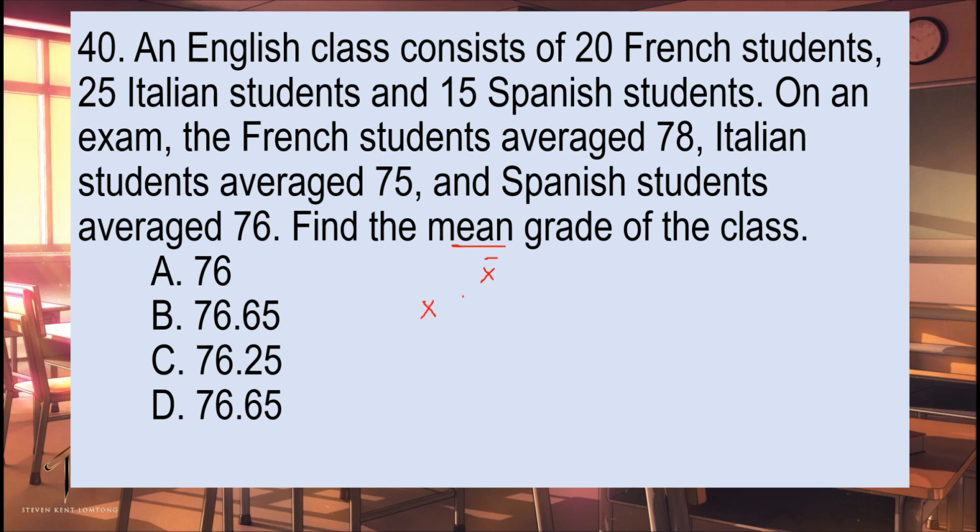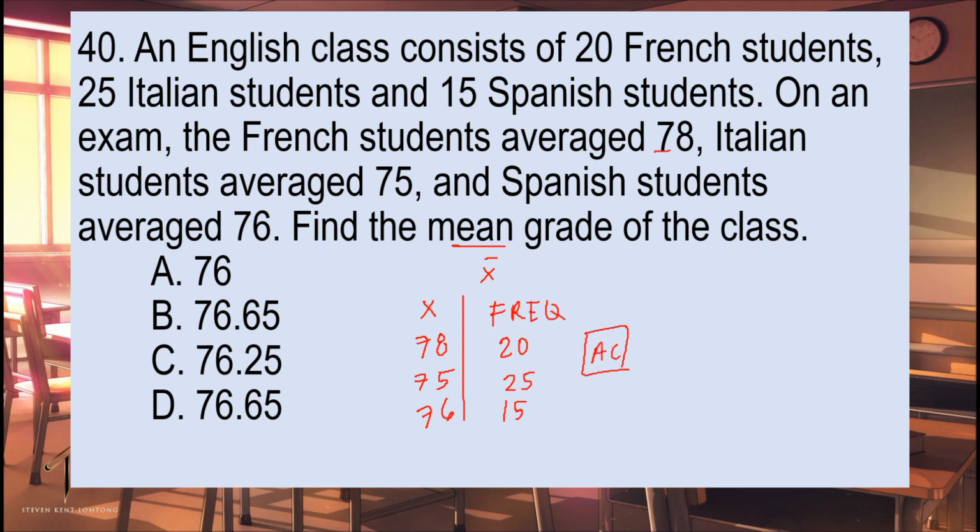The values will be the grades. So, 78 for the French students. How many French students? 20. Italian students, 75. And there are 25 of them. And for the Spanish, the average is 76. And there are 15 of them. Then, AC.